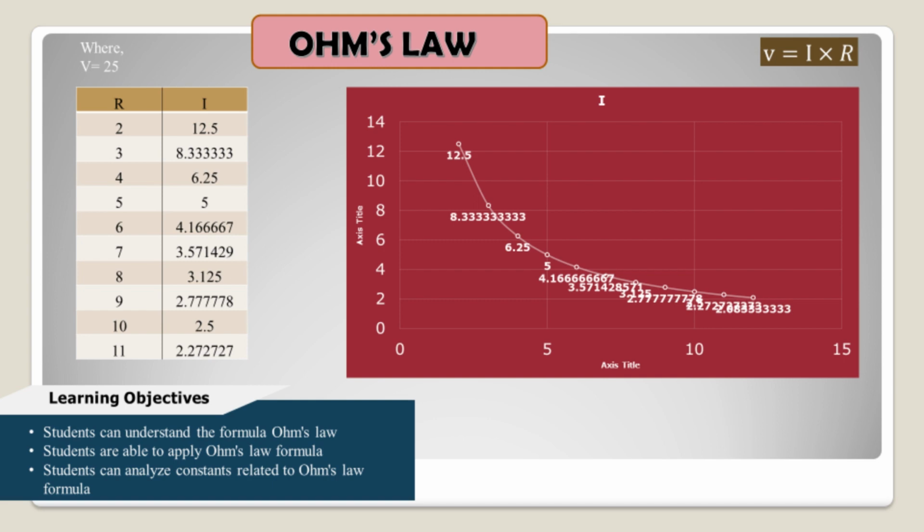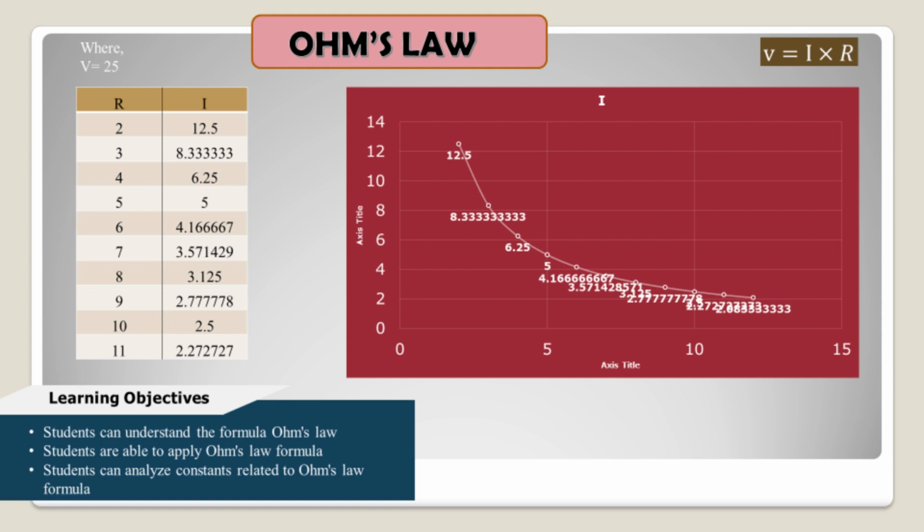If we have the resistance equal to 6, we have the current equal to 4.16. If the resistance is equal to 7, the current is 3.571.